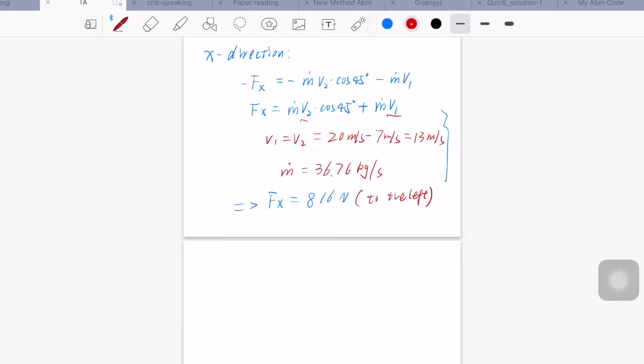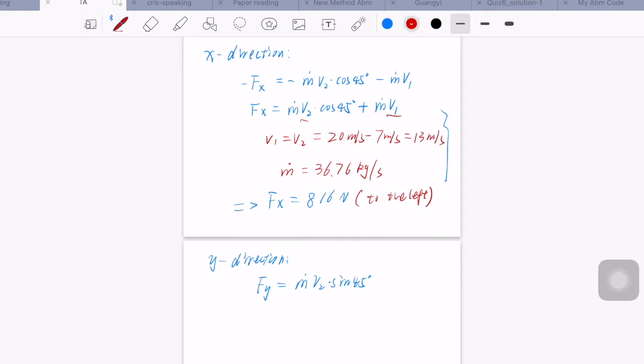And then we need to apply the momentum equation in the y direction. From the problem, we know Fy should be equal to m dot times v2 times sine 45 degrees.